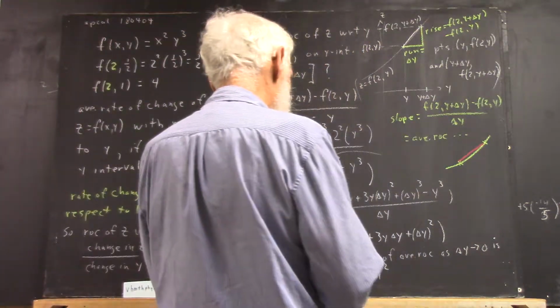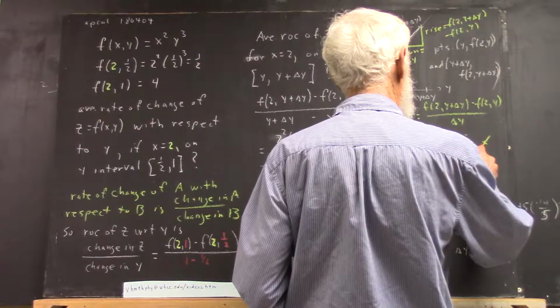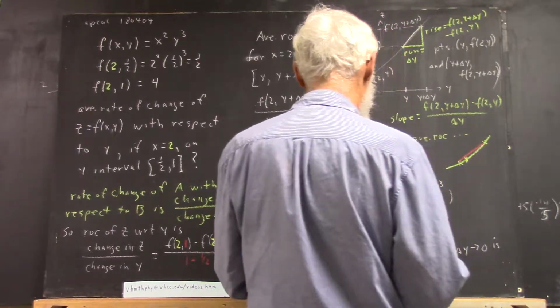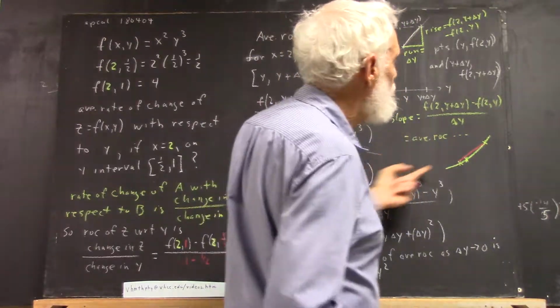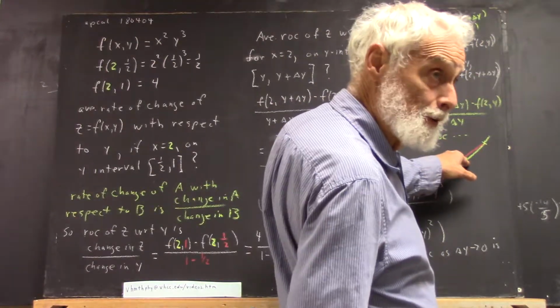But if we shrink delta y down to here, the curve hasn't had much room to curve. It hasn't changed direction much.